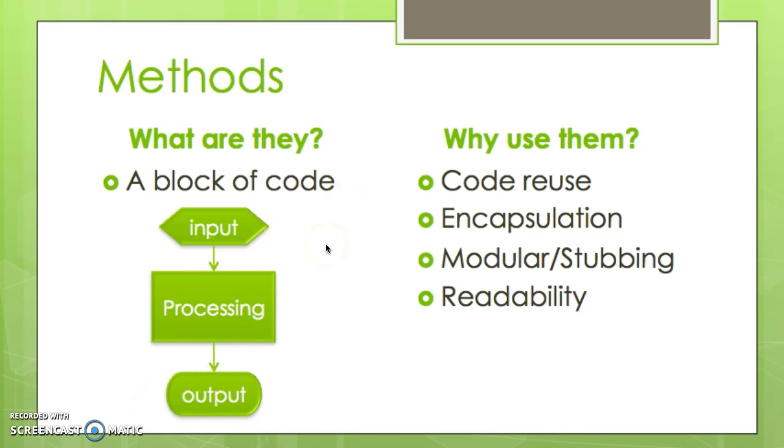Why do we want to do something like this? Well, there's a lot of reasons. Some of the more pronounced ones are listed here. I think number one, code reuse. The less you have to code, the less bug-prone things will be. Encapsulation. You're trying to hide the contents of how things are done. Maybe you're dealing with some very proprietary information and you don't want other people to see what you're doing.